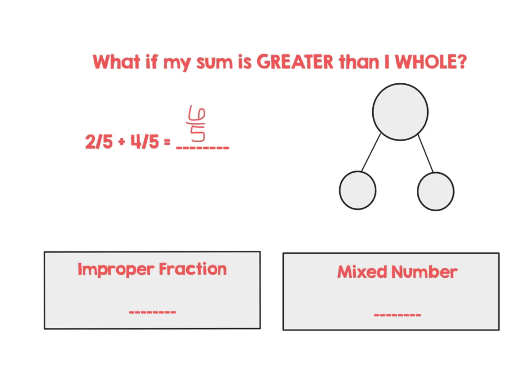Let's try 6/5. Now, I know that 1 whole would be 5/5. And if I have a total of 6/5, and I've used part of it, which is 5/5, I have how many fifths left? I've got 1/5.